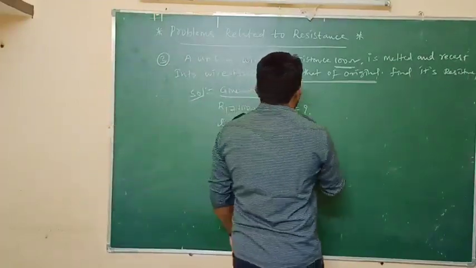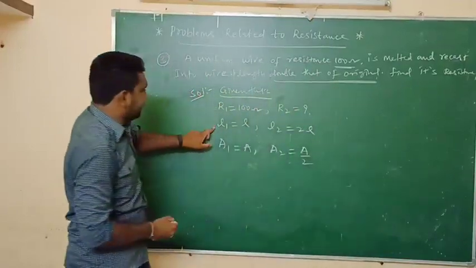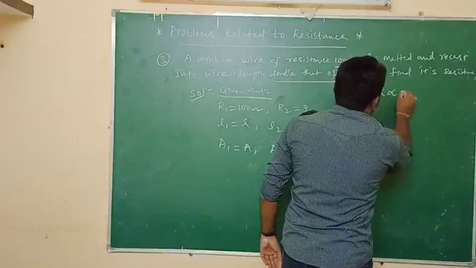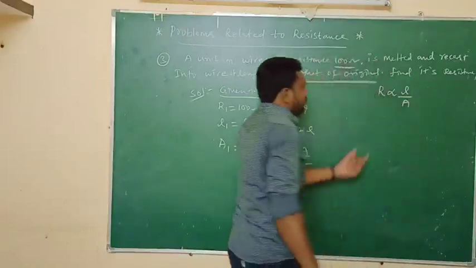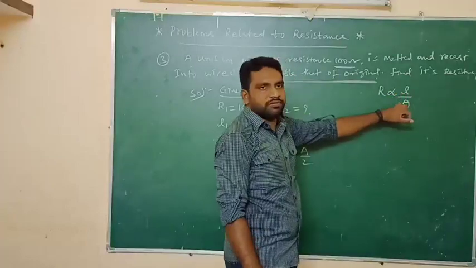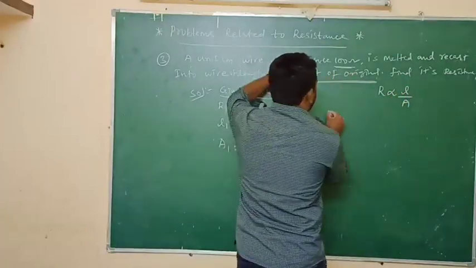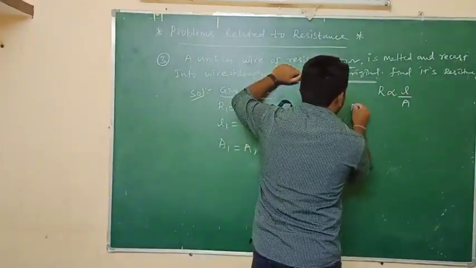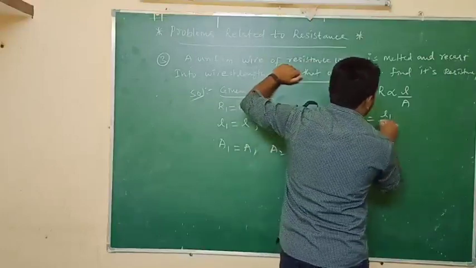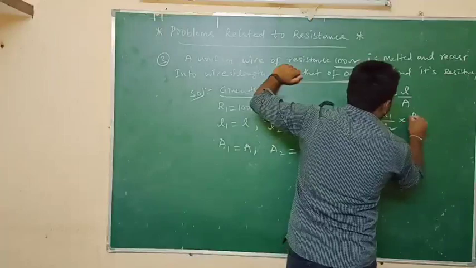We know the relation between resistance, length and area: R is directly proportional to L by A. We have to use this formula, because resistance is directly proportional to length and inversely proportional to area. So we can write this as R1 by R2 equals L1 by L2 into A2 by A1.